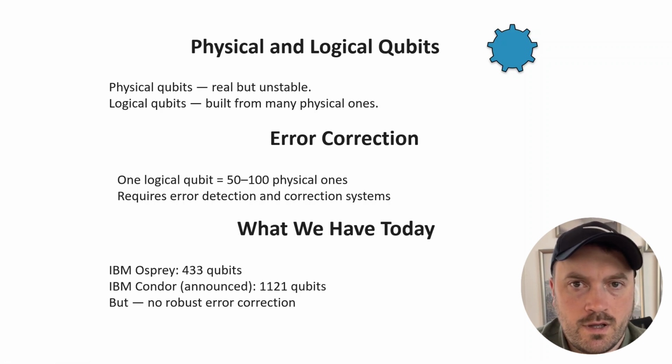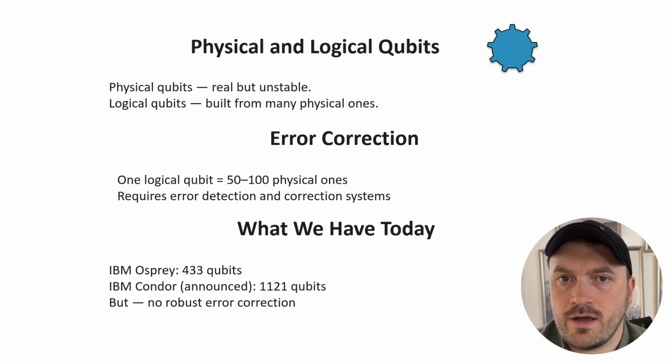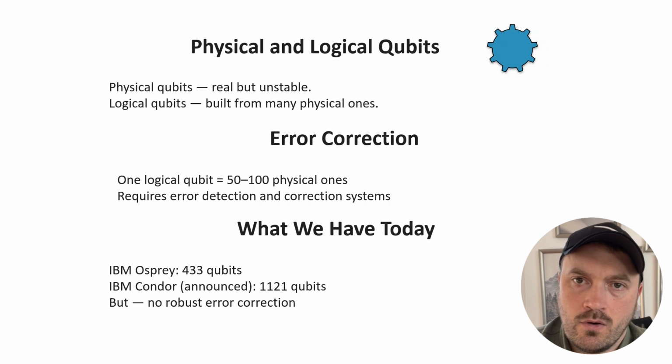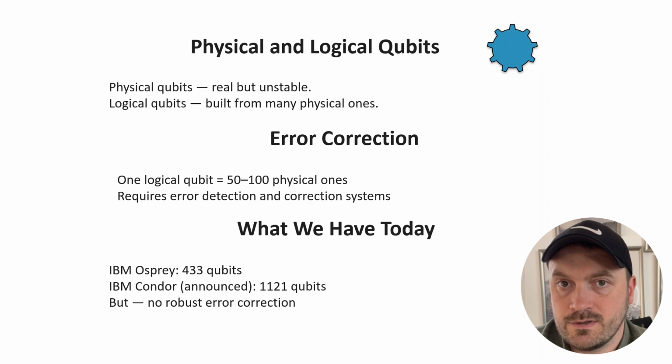And without error correction, physical qubits have a very high chance of failing already at the first steps. That's why all existing quantum computers today are noisy.